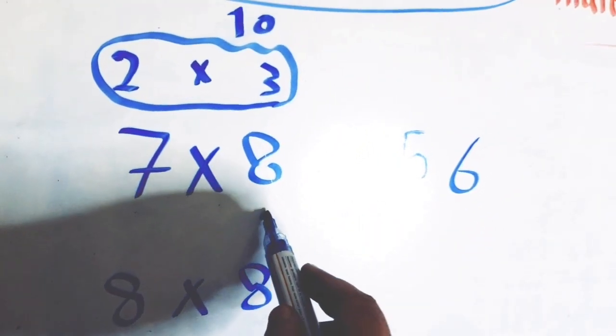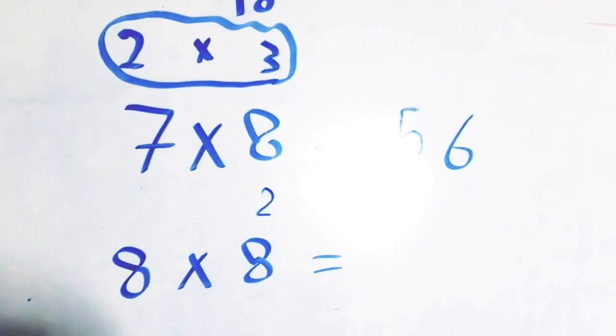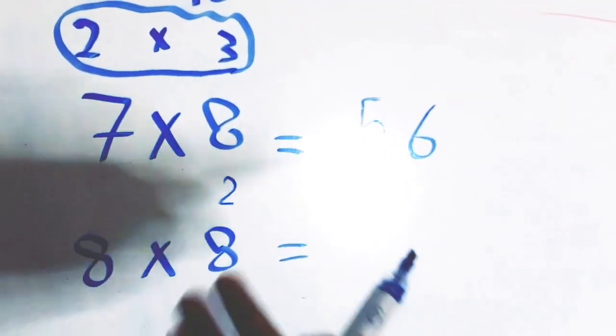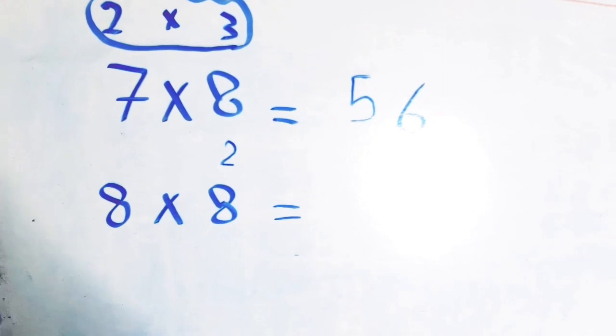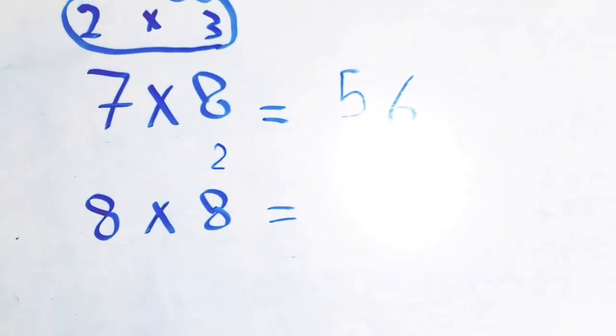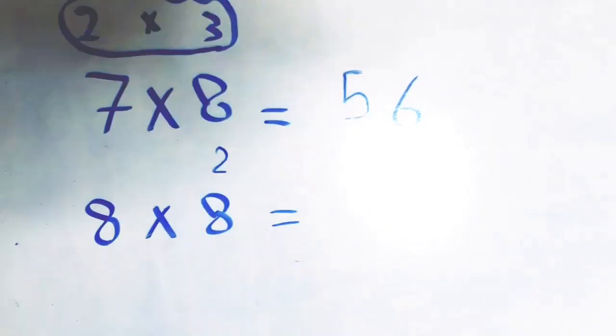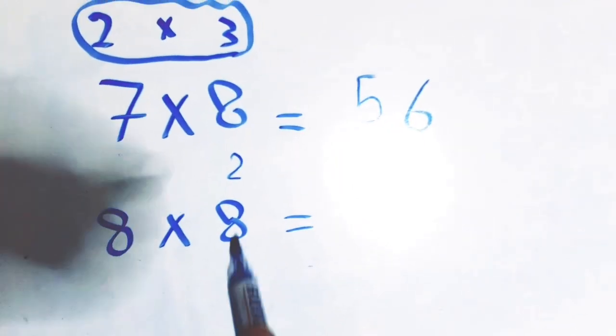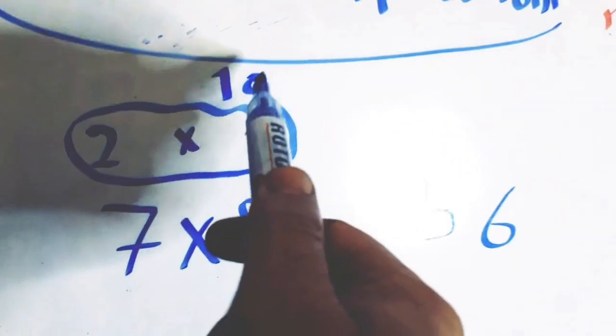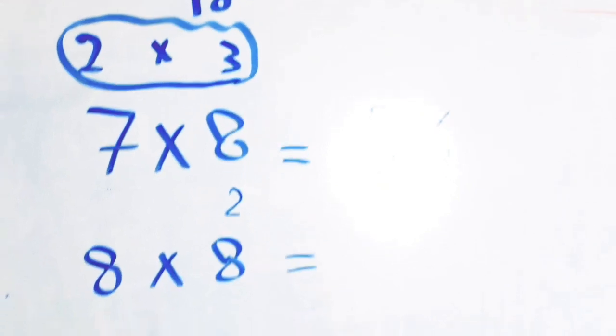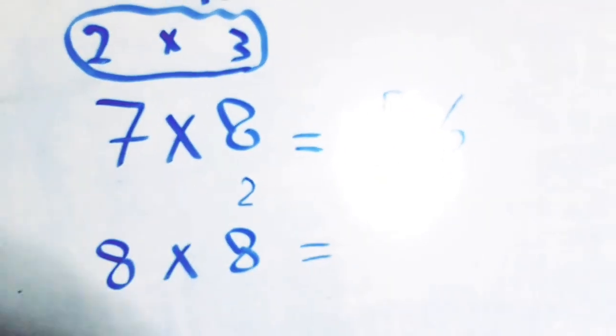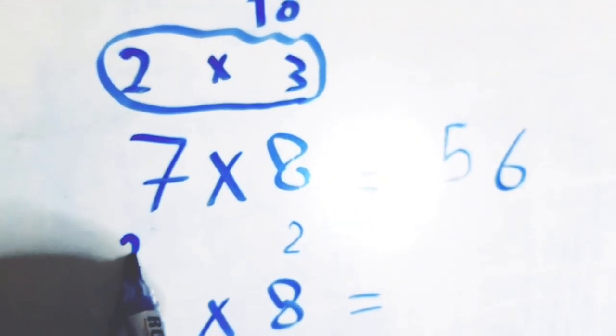We write 2 over the opposite digit. We transfer to the opposite digit and ask ourselves the same question. 8 needs what to reach this target? Of course, 8 needs 2 to reach 10.